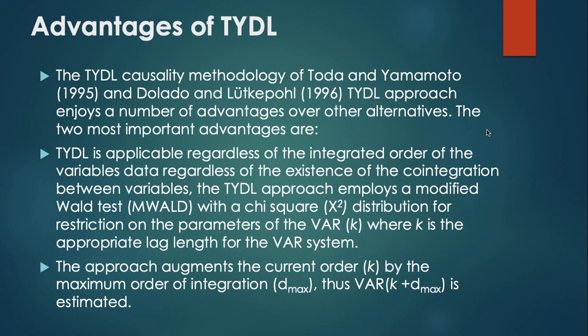The TYDL approach employs a modified Wald test with a chi-square distribution for restrictions on the parameters of the VAR(k), where k is the appropriate lag length for the VAR system. The approach also augments the order k by the maximum order of integration, dmax. Thus, VAR(k plus dmax) is estimated.